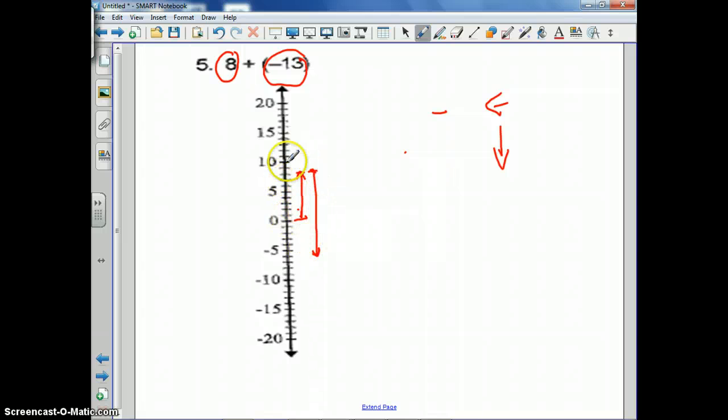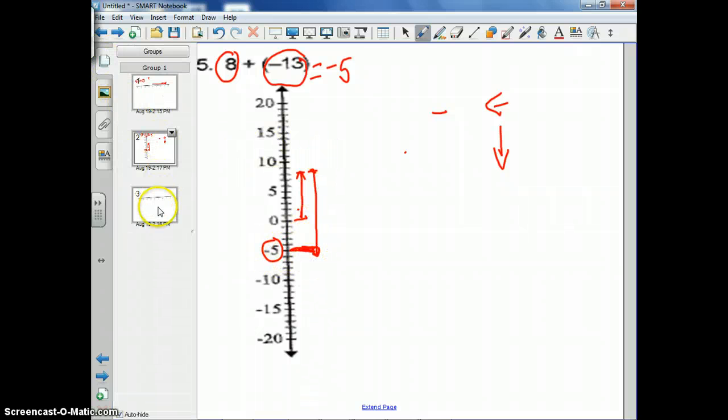Usually if I'm using a number line, I'll just count up and then I'll count back. So let's see where we are. If we count from 8 to 13, 1, 2, 3, 4, 5, 6, 7, 8, 9, 10, 11, 12, 13. Right here. And I went a little too low, but it's right there at negative 5. So 8 plus negative 13 is negative 5. It's hard to be precise with this pen, so that's the reason it's a little off there.